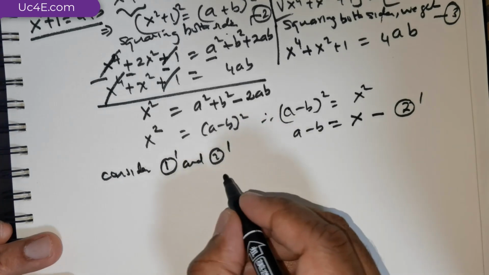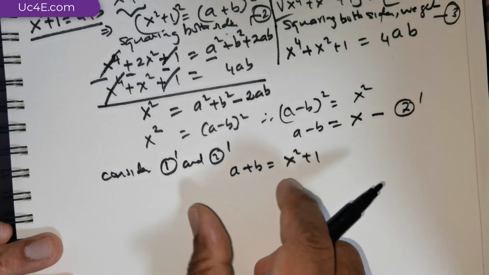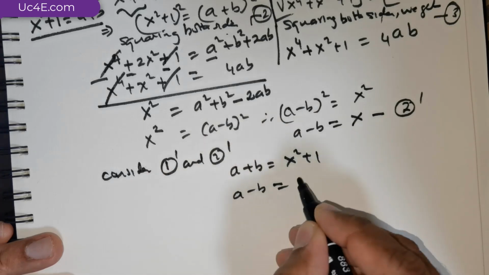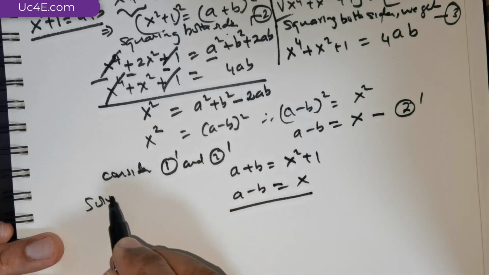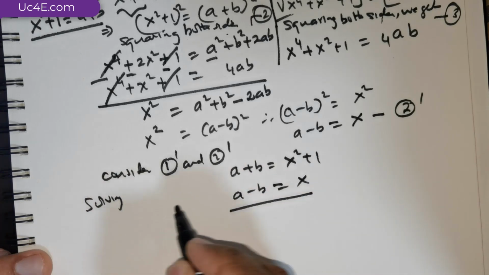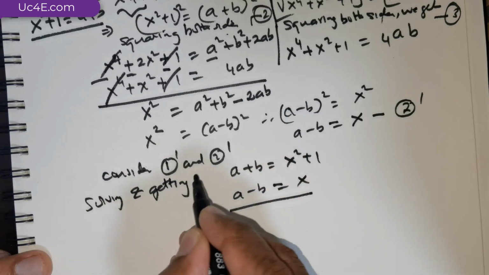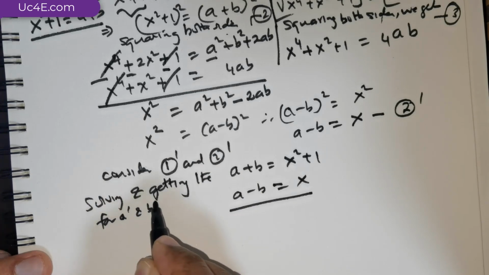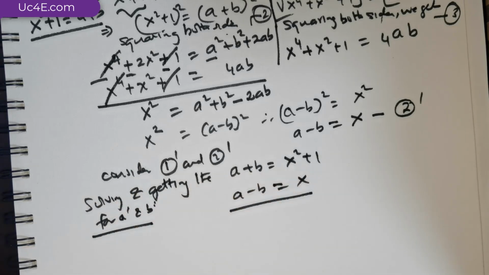So a plus b is equal to x squared plus 1 is my 1 prime, and a minus b is equal to x is my 2 prime. Now solving and getting the value for a and b, that is the objective. We need to solve this and get the values for a and b.